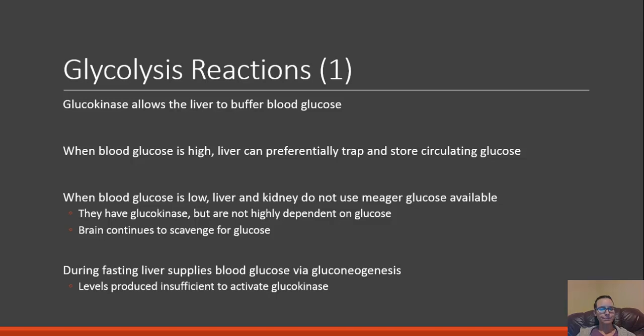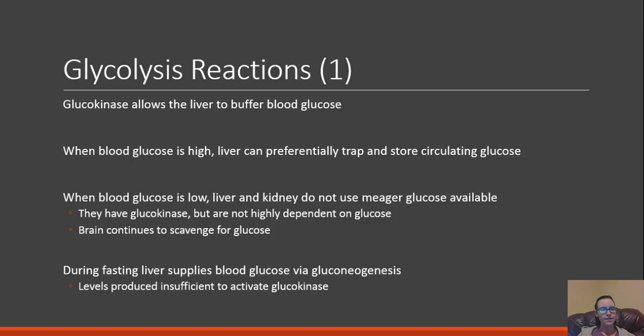Instead, because they themselves are not highly dependent on glucose, they leave the glucose for the tissues that are much more dependent on it, such as the brain or cells like red blood cells. During fasting, the liver supplies blood glucose via gluconeogenesis.